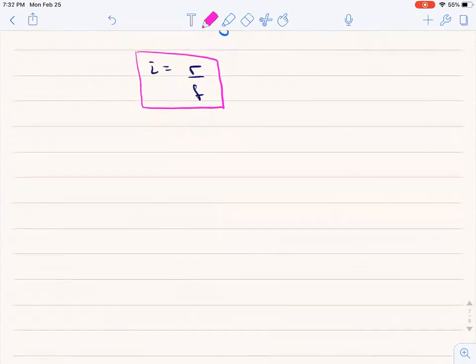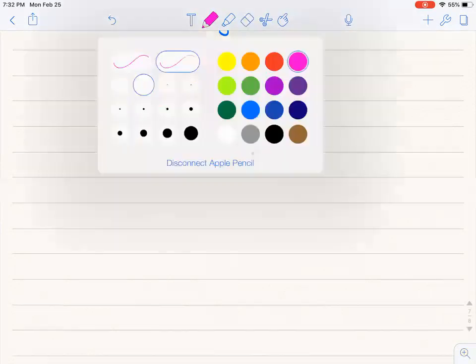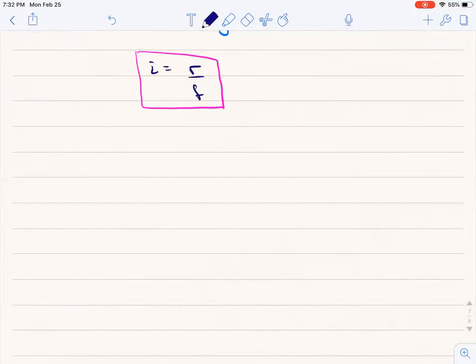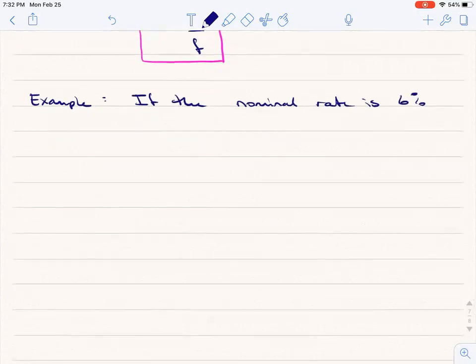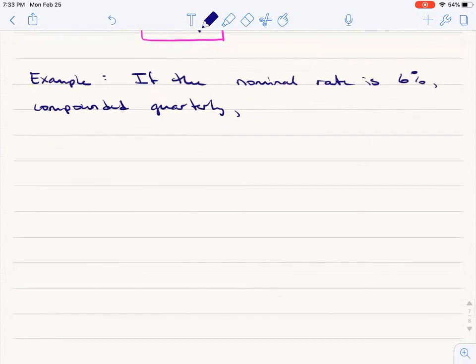So for example, if the nominal rate is 6%, nominal is the annual rate, is 6% compounded quarterly, what is the periodic interest rate?